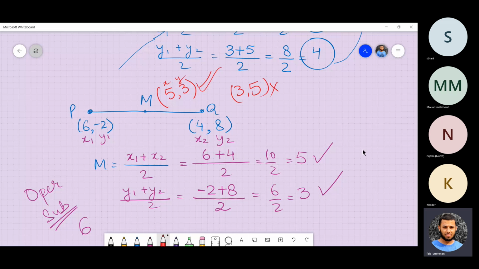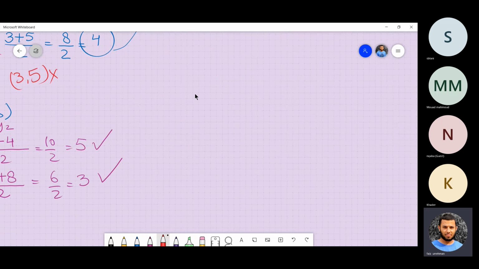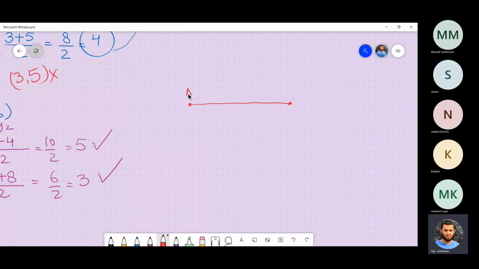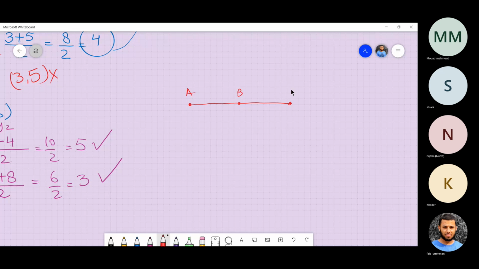Okay. Now a trick question can come. This is the last thing and then we will finish. Now there are points, for example, A, B, and C. A is, for example, 1, 1 and B is 3, 4. Now C is not given.